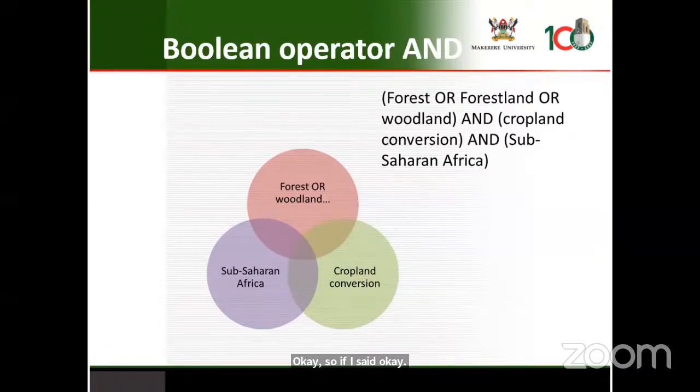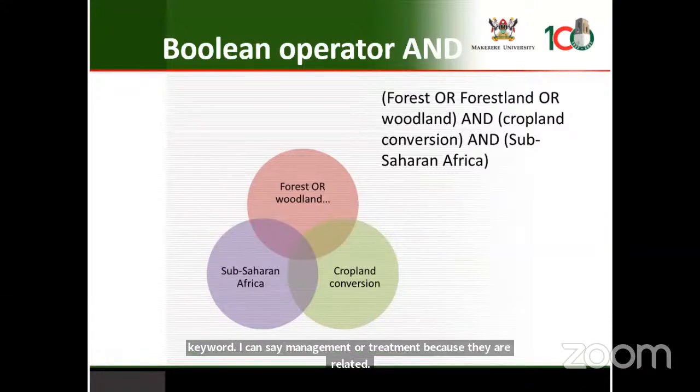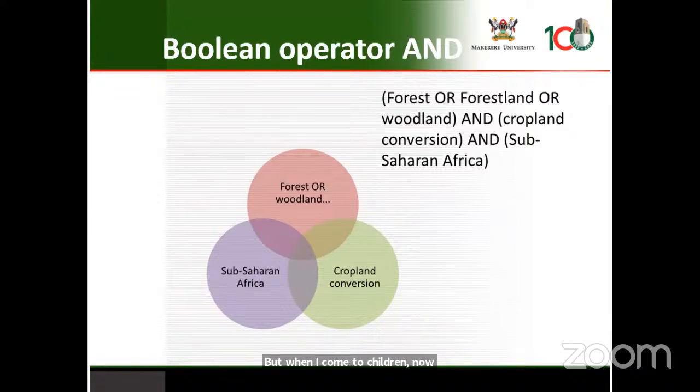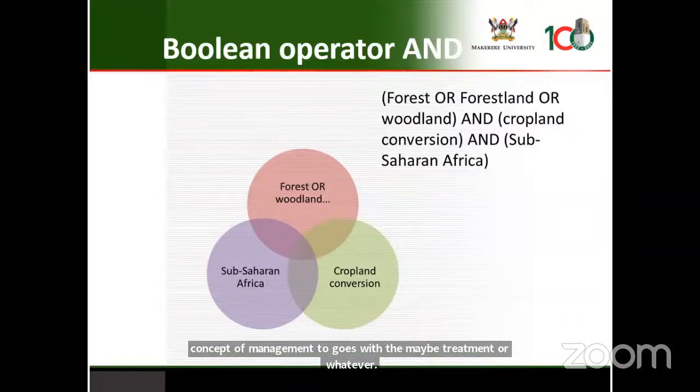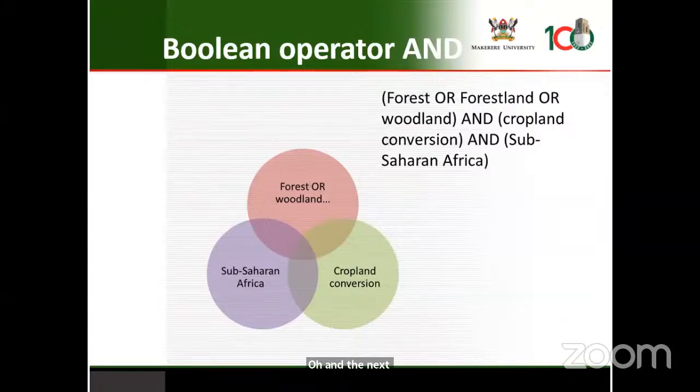Okay. So management is going to be one keyword. I can say management or treatment because they are related. But when I come to children, now from management to children, I'm going to another concept, isn't it? The concept of management goes with treatment or whatever. And the next concept is children or child or newborn, depending on how old the child you're looking at is.